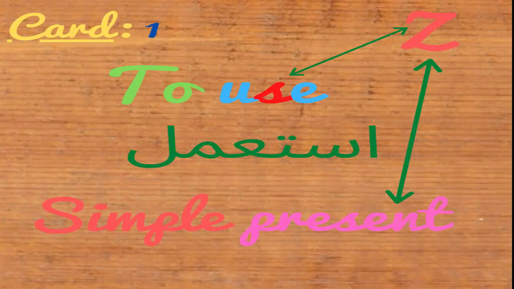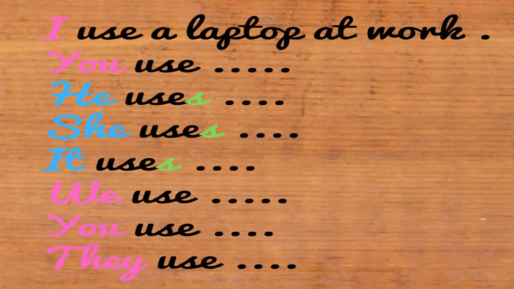Let us start with card number 1, the verb to use. Notice here S is pronounced Z, particularly in simple present. This verb is in infinitive form, and S is pronounced Z in simple present. For example, we can say, I use a laptop at work.